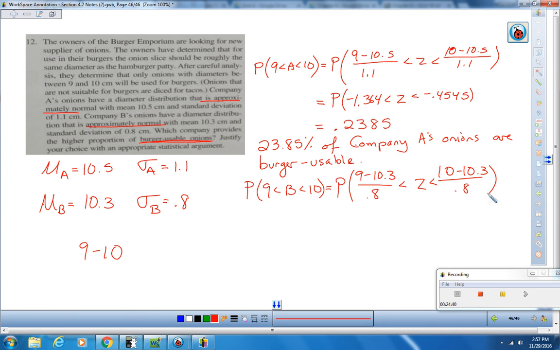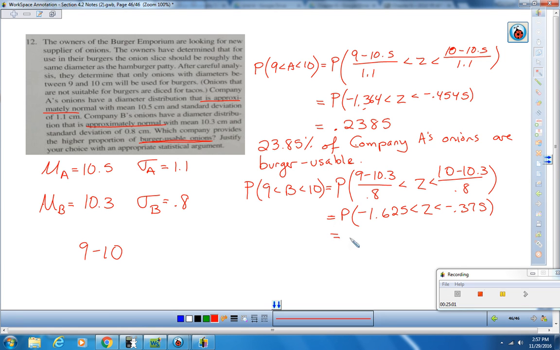So this is the probability that Z is between negative 1.625 and negative 0.375. And I think we can see that this is a little bit wider here than this, so we should have a little bit greater probability. It's covering a little bit more area underneath that curve.